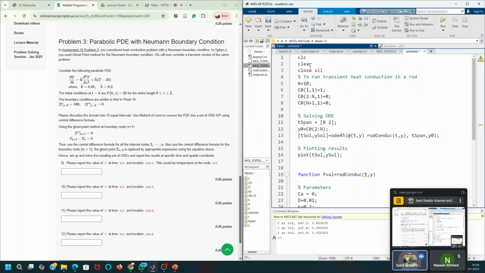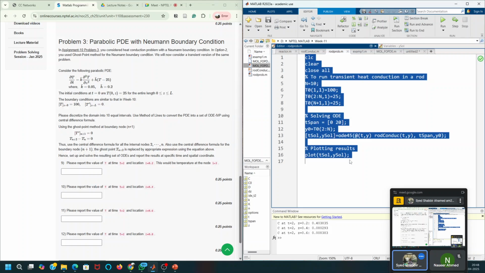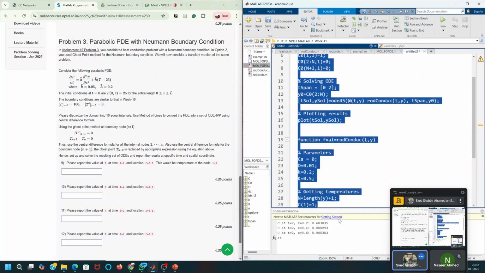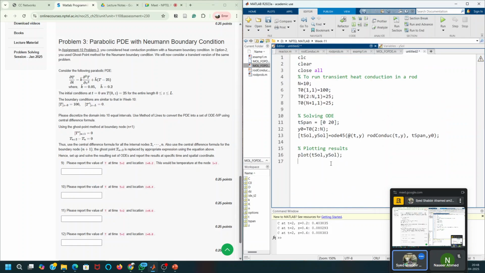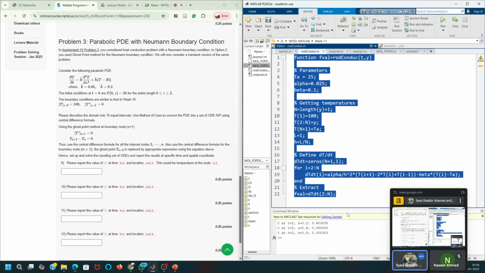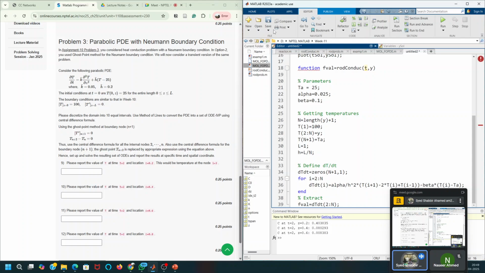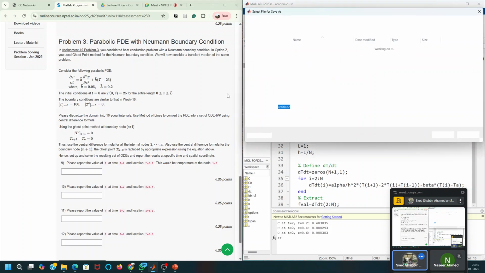This is the rod conduction problem itself. I'll copy this, and I'll copy this function also, and I'll save this as example two.